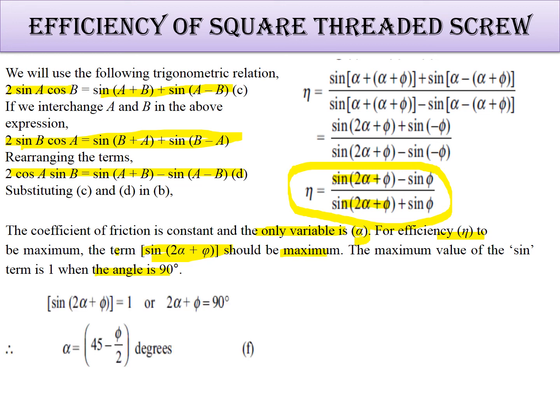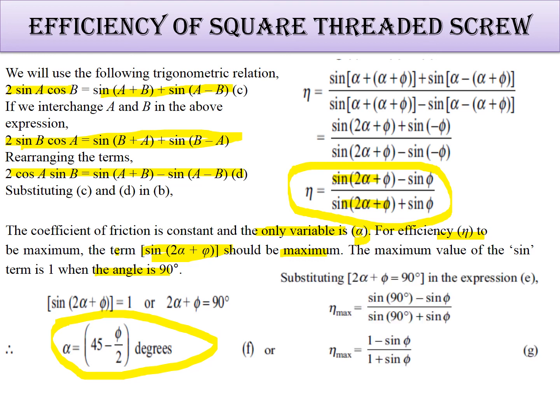So if you put that value, 2 times alpha plus phi is equal to 90 degrees, meaning sine is 1. If sine is transferred here, it becomes sine inverse, and you will get 90 degrees. So alpha is equal to what? 45 minus phi by 2 degrees. So this value will give you the value of alpha, which will help you to get maximum efficiency.